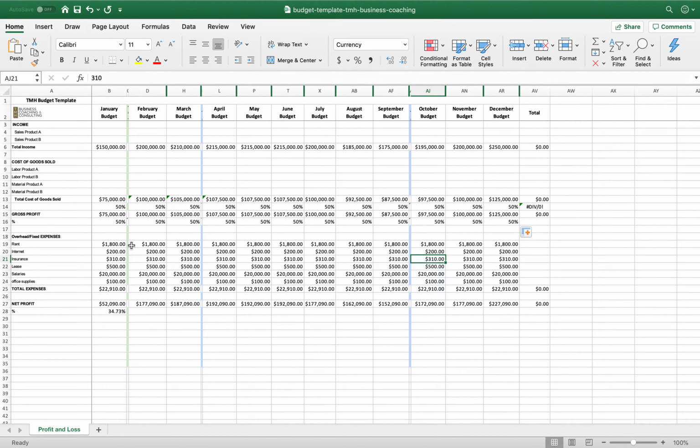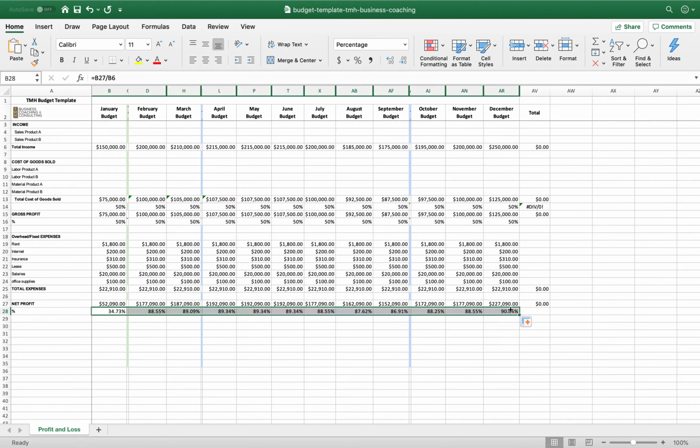Okay, and then we have these overhead expenses every month. We will have this net profit every month. This is a good looking bottom line. Look at those net profits growing. Okay, that is great. Now, we're also going to take this and drag it across because we want you to know your net profit margin for every month.